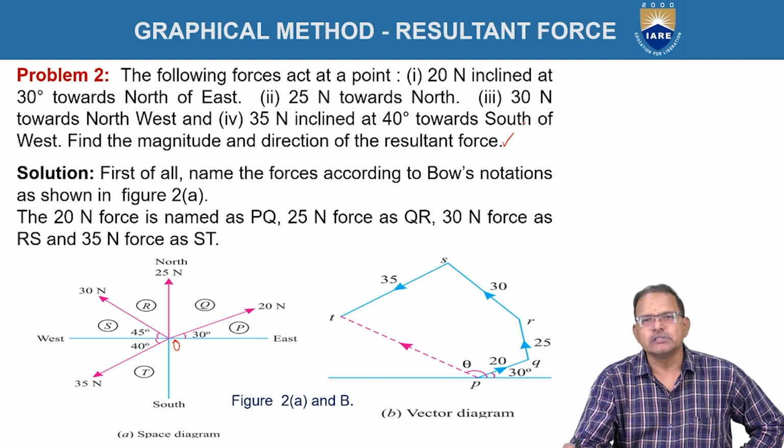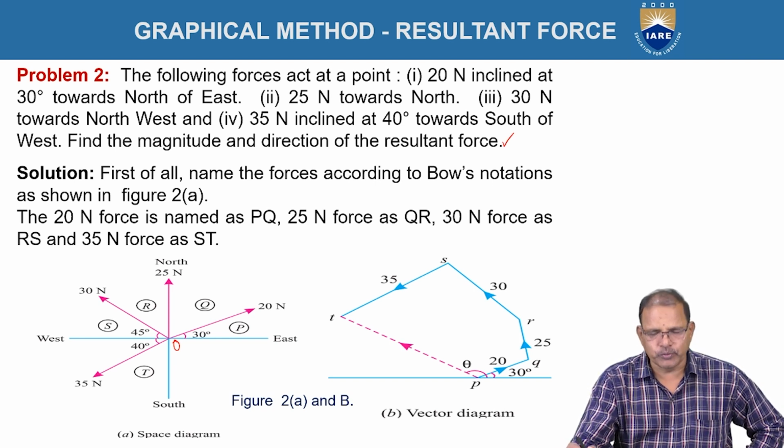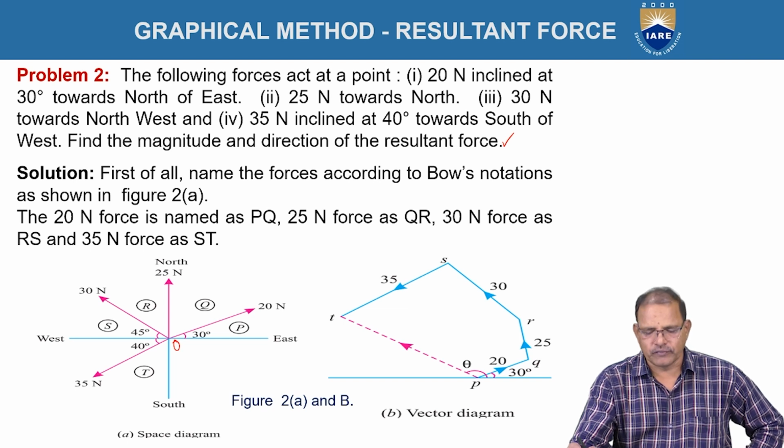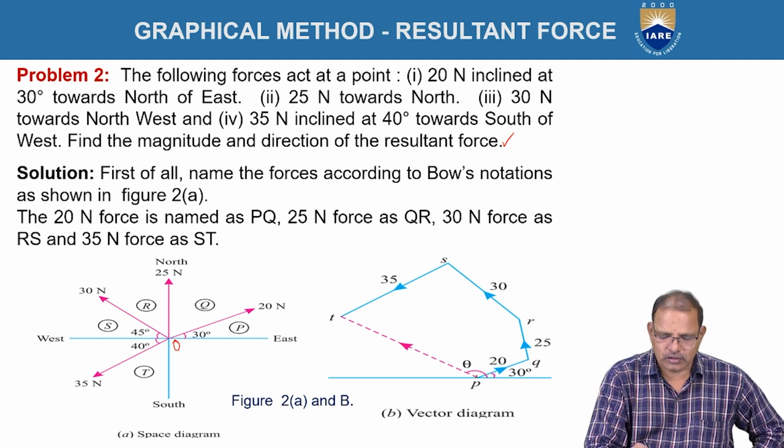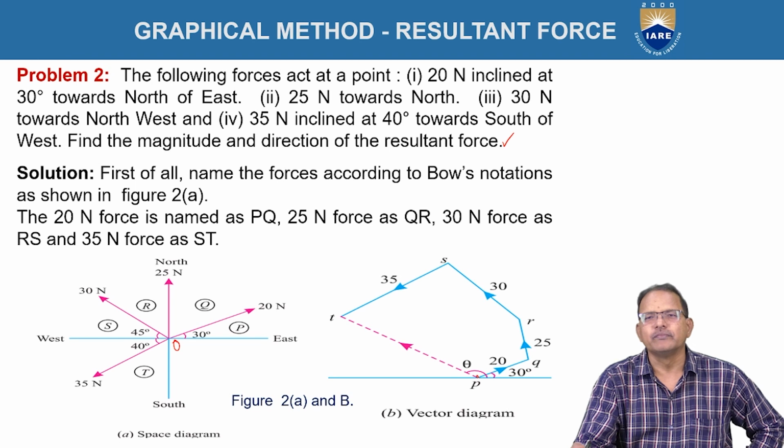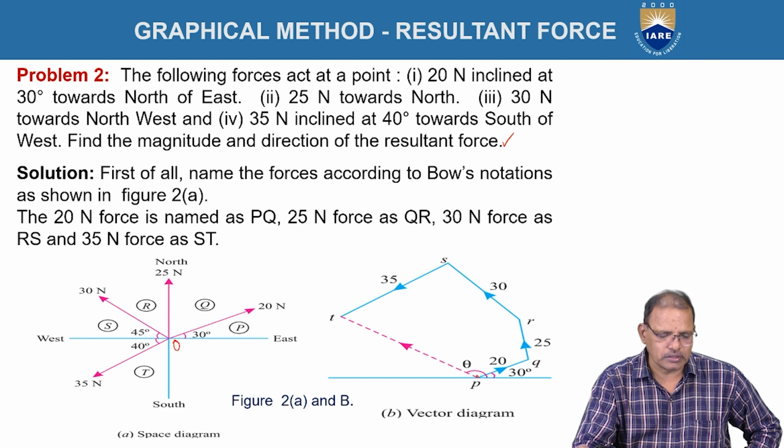According to Bow's notation, we use tail and head positions. First of all, select one point P. Draw a horizontal line to represent the inclinations with respect to the datum line, or the horizontal reference line.